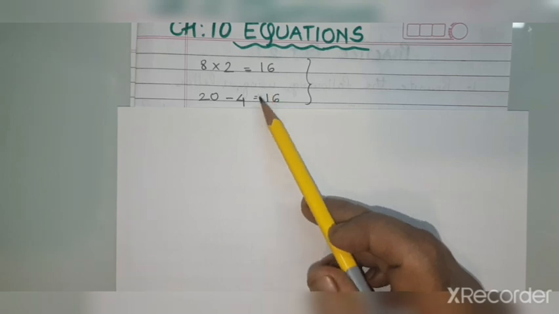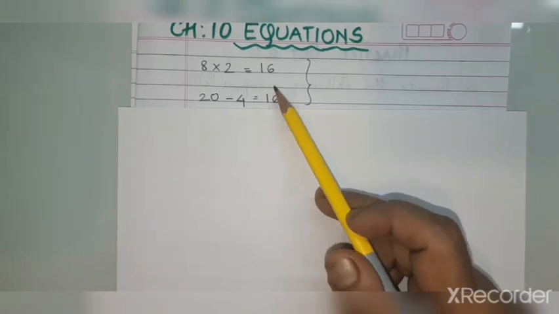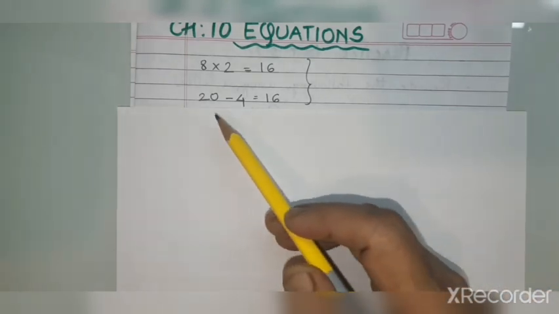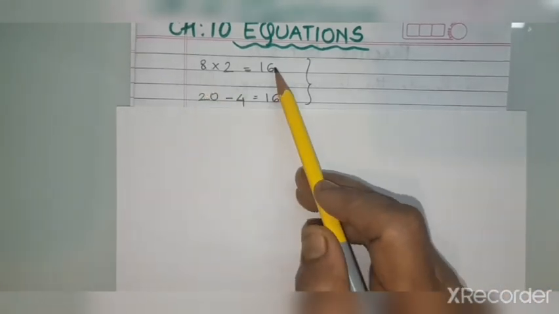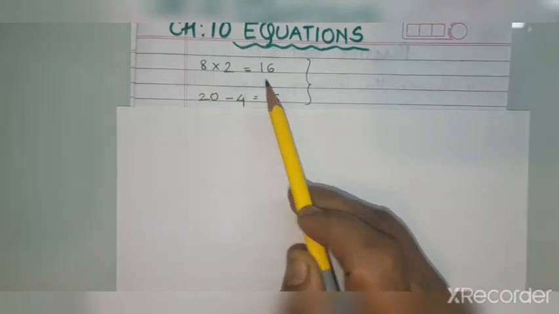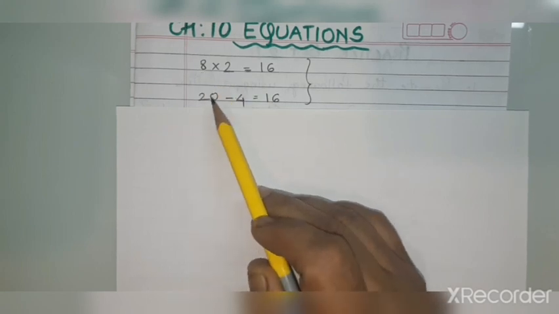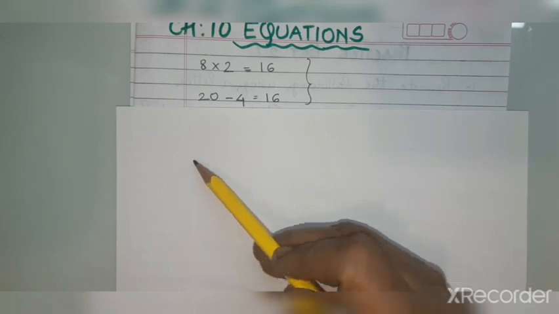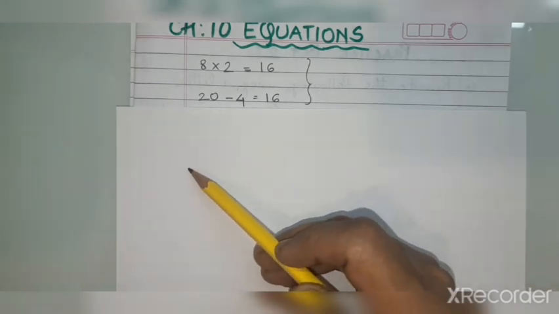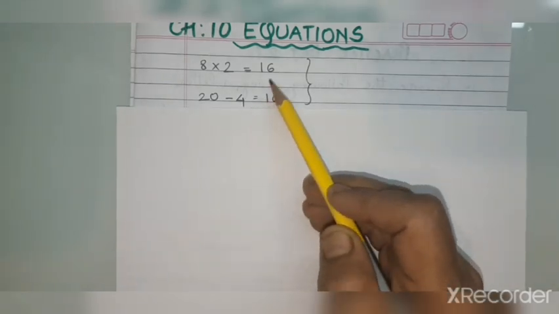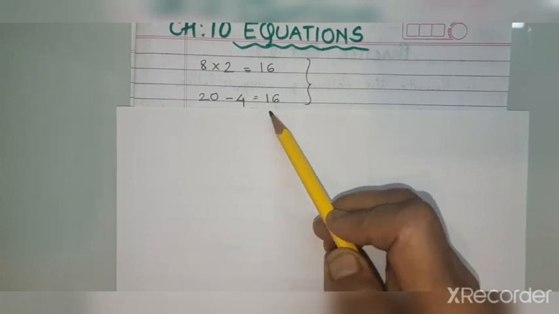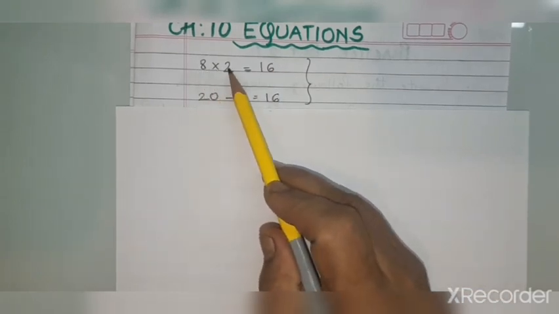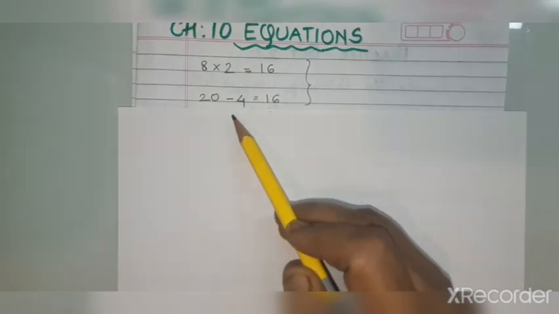So in these two cases, if I'm getting the same answer, can we write that 8 into 2 and 20 minus 4 are also the same? And in mathematics, when we say same, we mean equal to. So if 16 is equal to 16, then we can write 8 into 2 is equal to 20 minus 4.